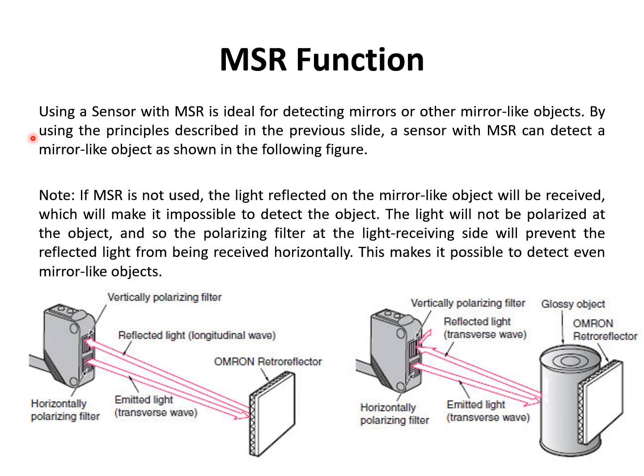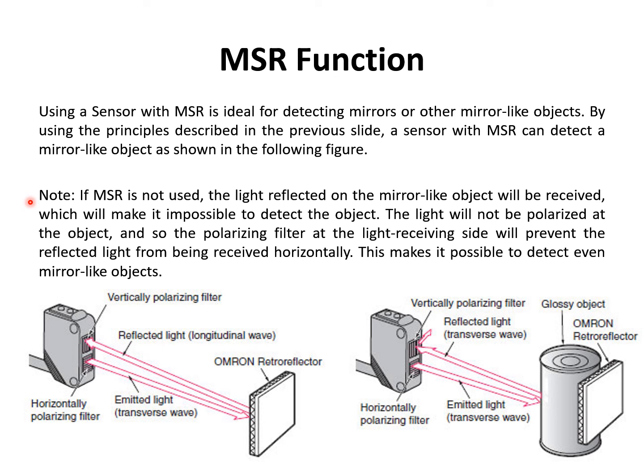By using the principle described in the previous slide, a sensor with MSR can detect a mirror-like object as shown in the following figure. Note, if MSR is not used, the light reflected on the mirror-like object will be received, which will make it impossible to detect the object.